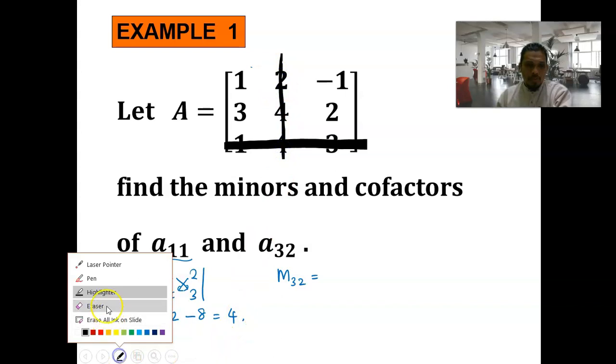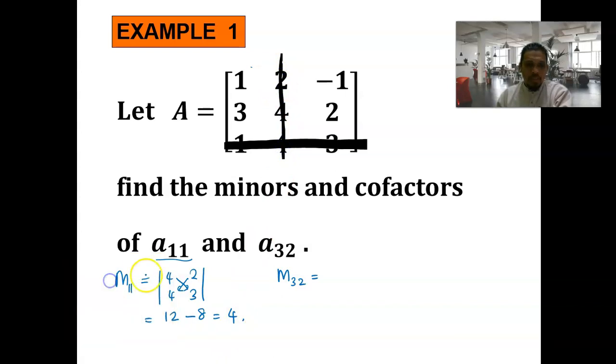Tell me, guys, what can you see here now? What's left is 1, negative 1, 3 and 2. So 1 times 2 equals 2, minus negative 1 times 3 equals negative 3. Negative multiplied by negative is positive, so 2 plus 3 equals 5. So this is the minor of 1, 1 and the minor of 3, 2.